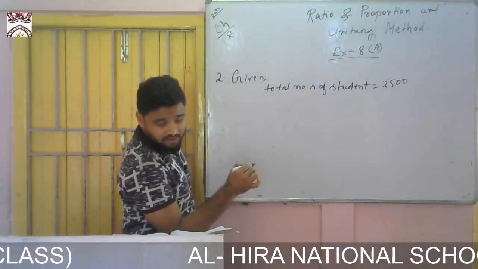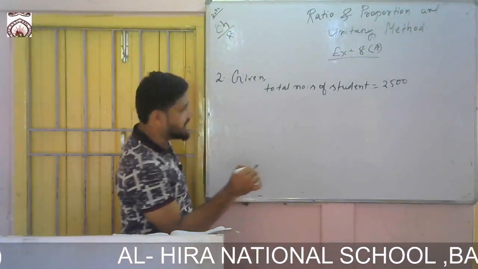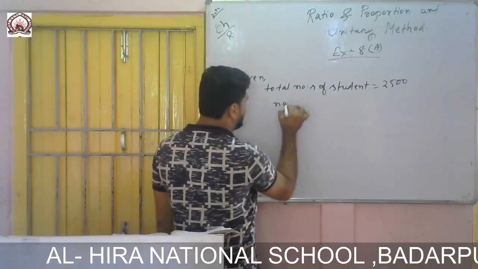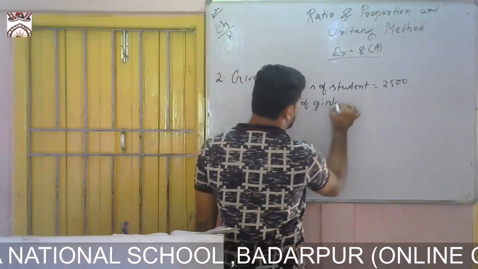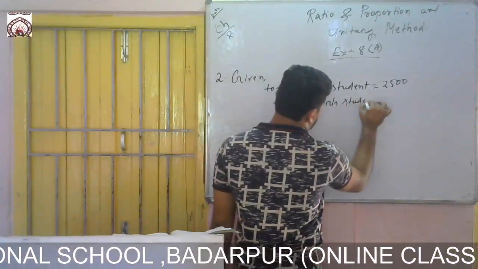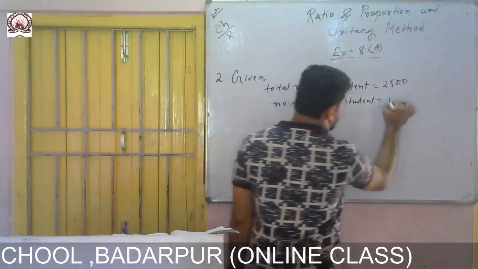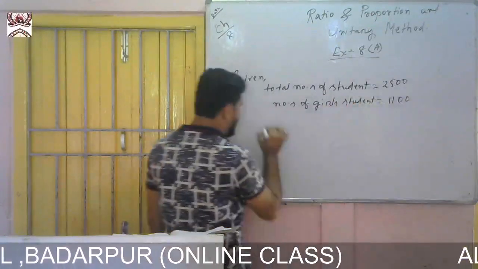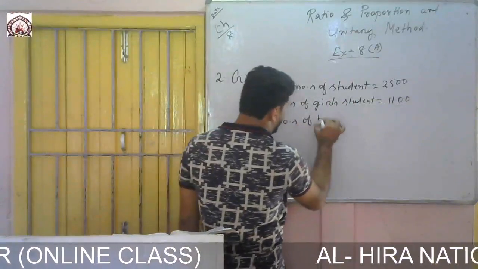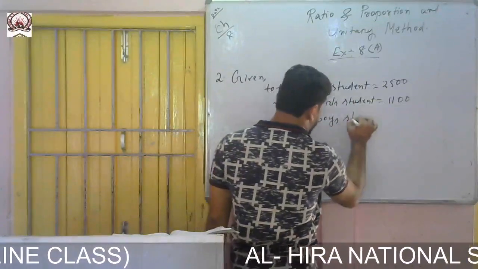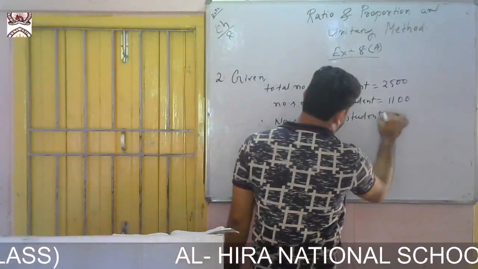And out of them 1100 are girls. Therefore number of girl students equals 1100. Therefore number of boy students will be what?